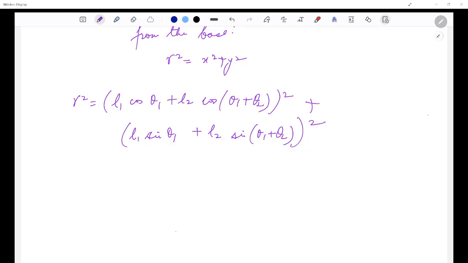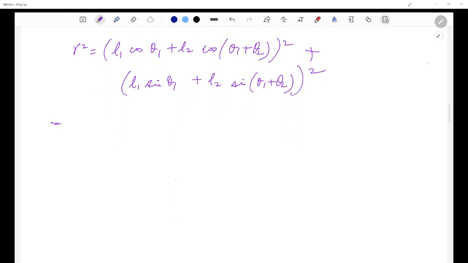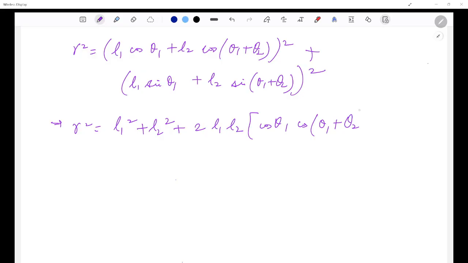Once you substitute and expand it, we'll get L1 square plus L2 square plus 2 L1 L2 times cos theta 1 cos of theta 1 plus theta 2 plus sine theta 1 sine of theta 1 plus theta 2, right?